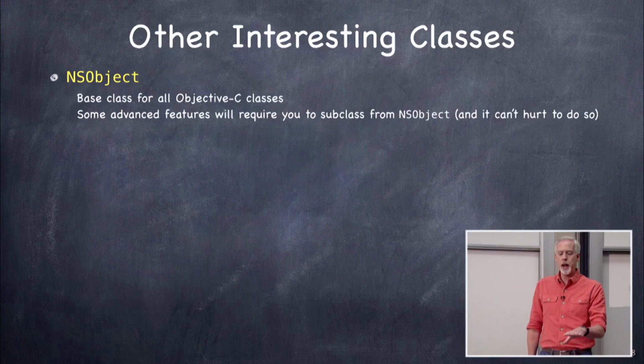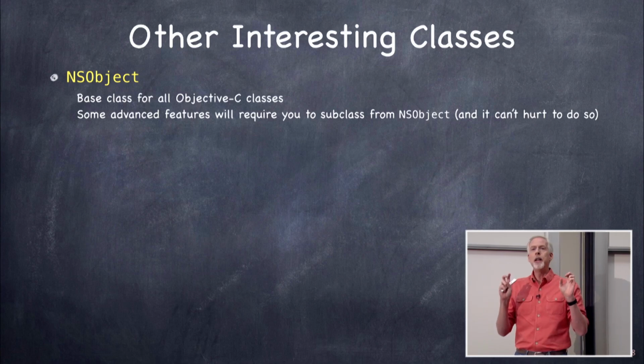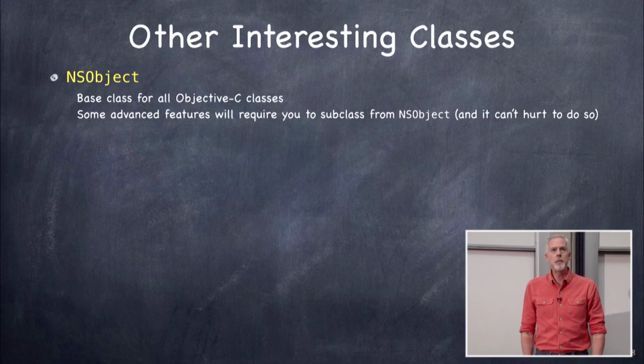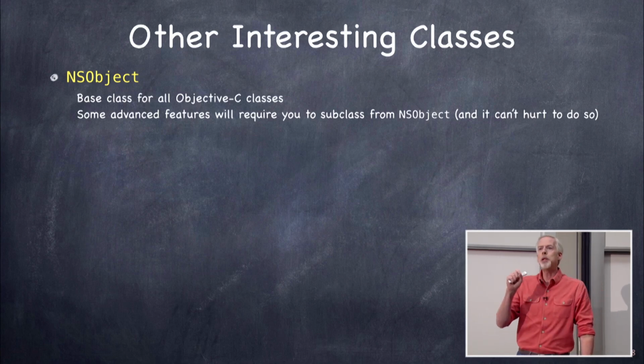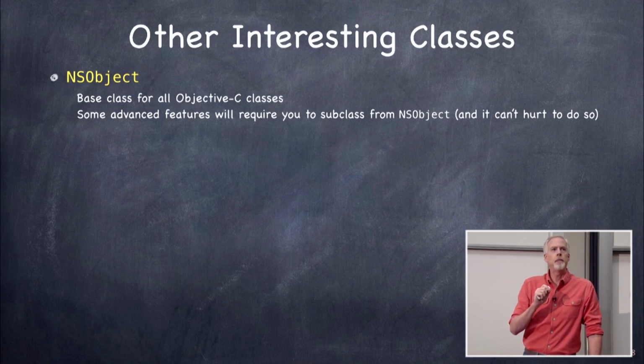The last slide I have here before we dive into views is just 4 other interesting classes that you should know about in Foundation. One is anyobject. anyobject is the root class of all classes from Objective-C. Okay?